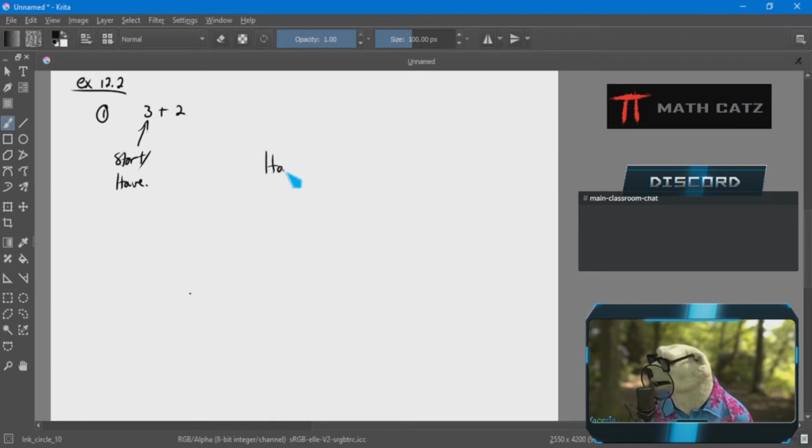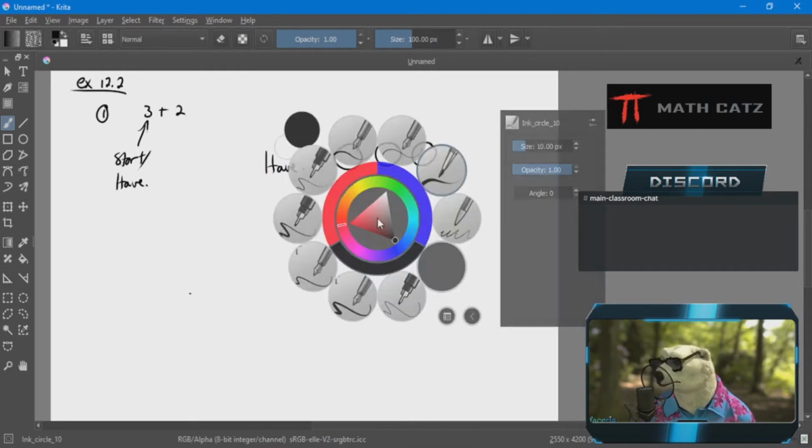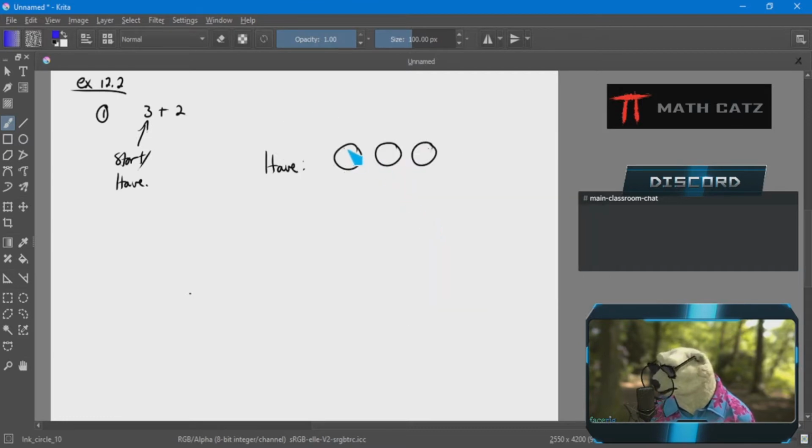So what I have is 3 positive chips. I have 3 things. I'm not owing it. I have them. I have 3 chickens running around on my little farm.